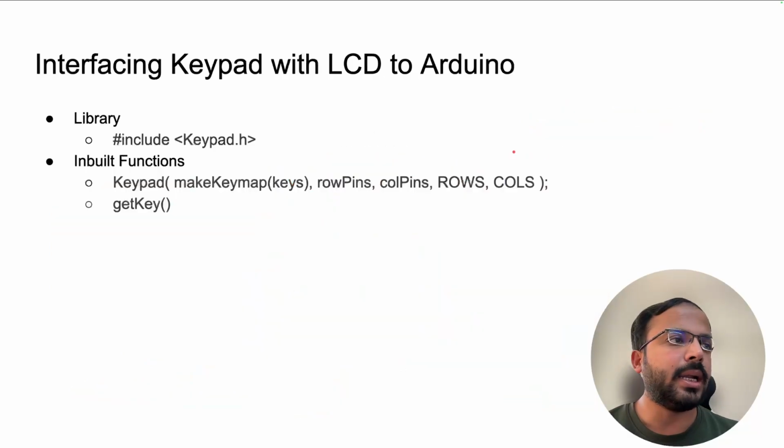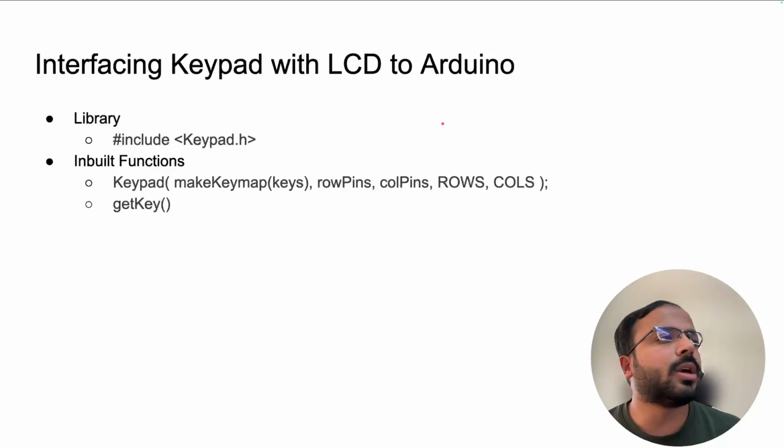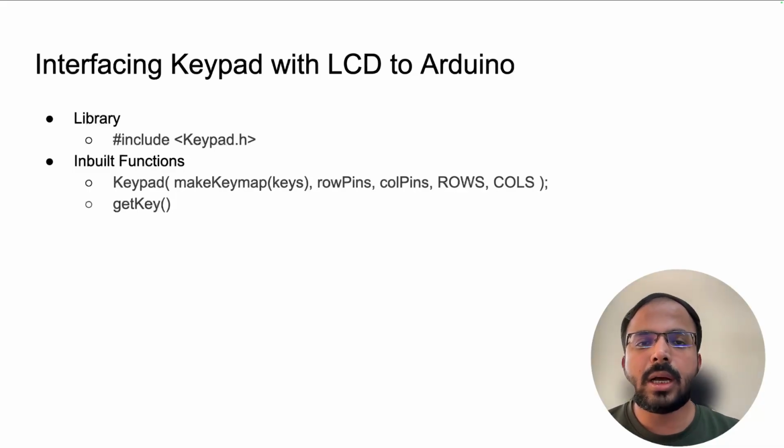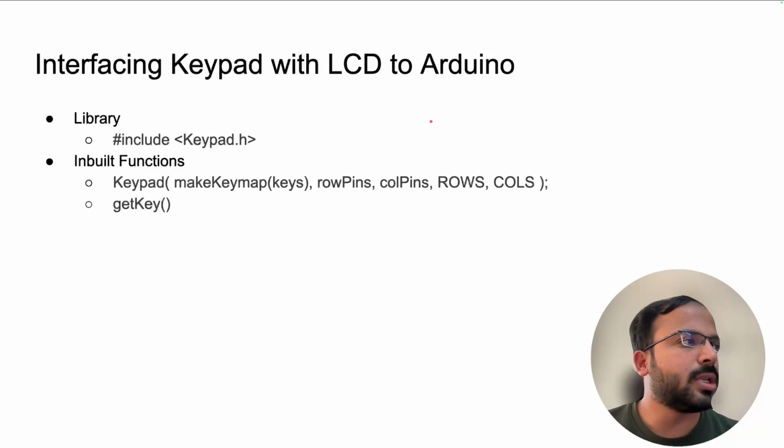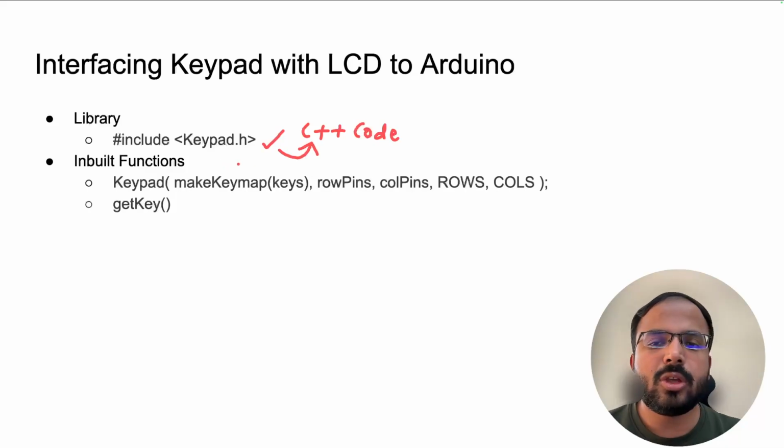Also let's understand the general functions, or how we configure the keypad. Similarly to the LCD, you have another library here. You include this library in the C++ code which we write, and once you include it, you can use all the inbuilt functions of the keypad module.